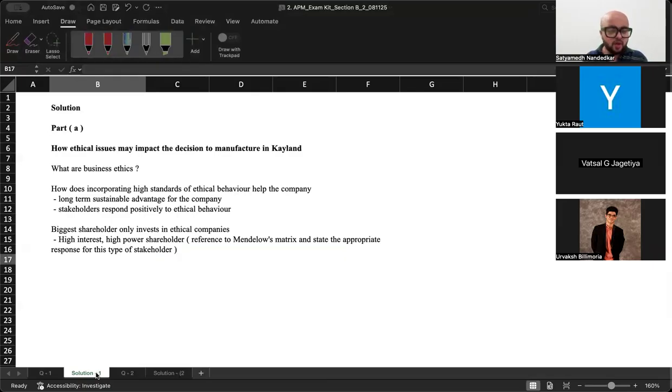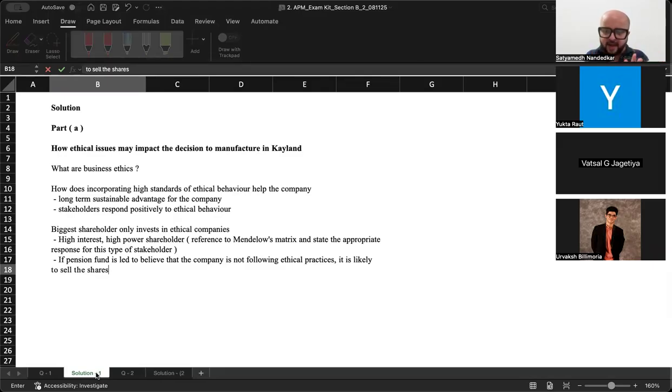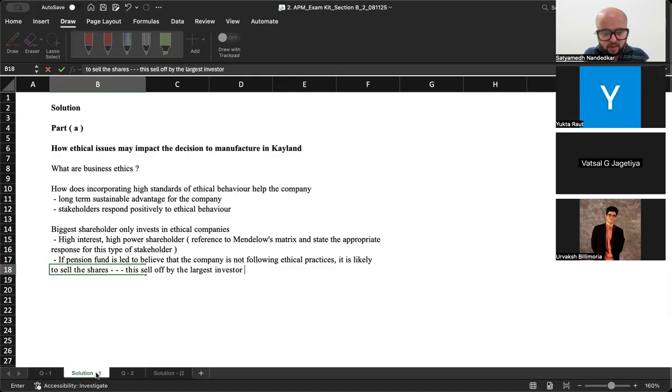Then pension fund, if it is not satisfied, if pension fund is led to believe that the company is not following ethical practices, it is likely to sell the shares, and this sell off by the largest investor will trigger market panic and lead to panic selling, thereby destroying shareholder wealth.